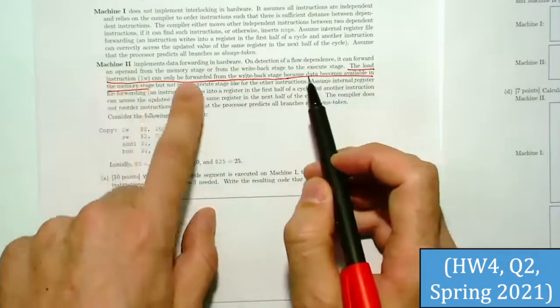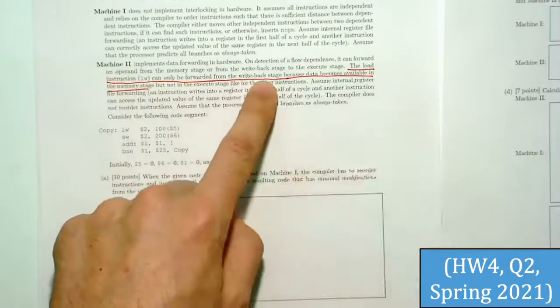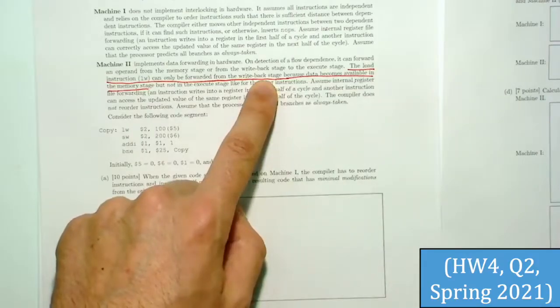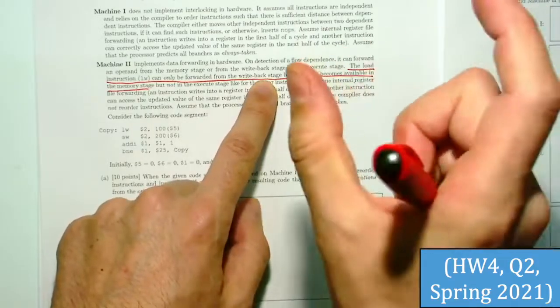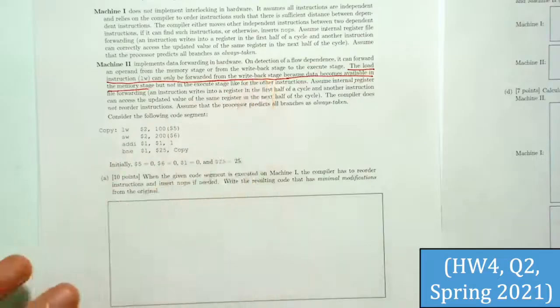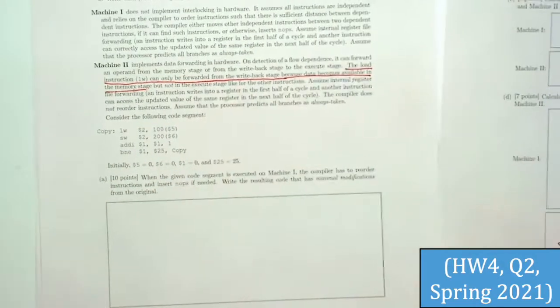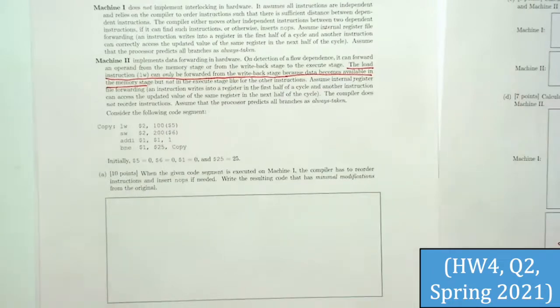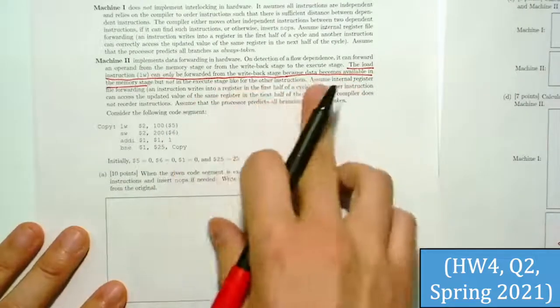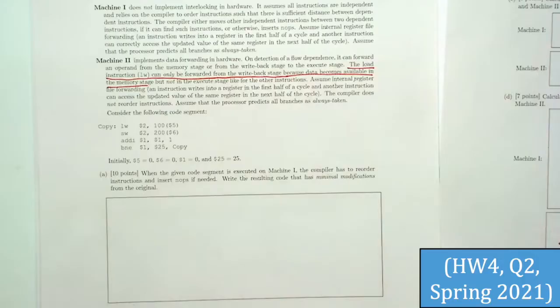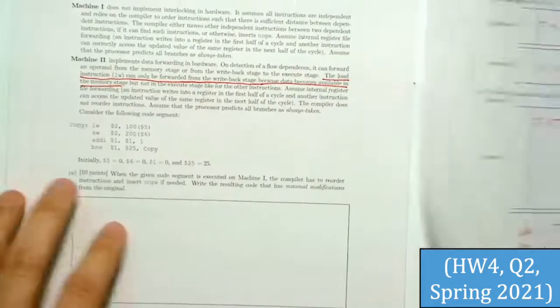So the load instruction can only be forwarded from the write back because the value is ready in the memory stage. So in the next stage, you can forward to the execution stage. The underlying details are not specified, but we have to assume that we can do what is specified in the question, basically.